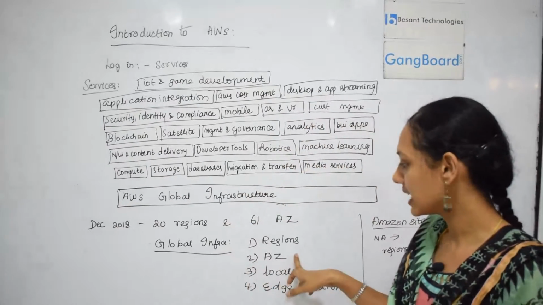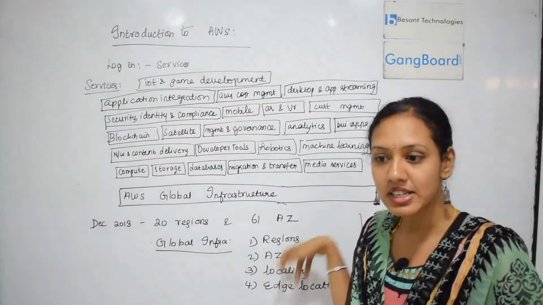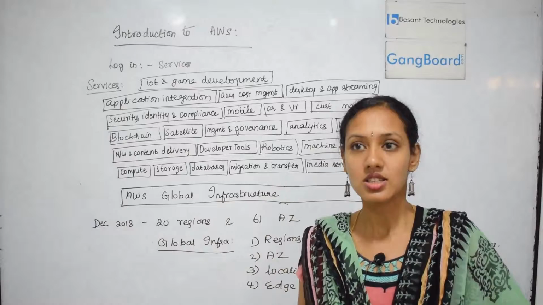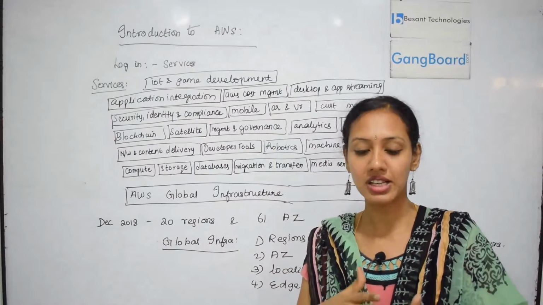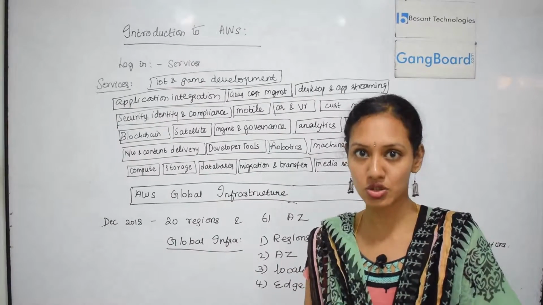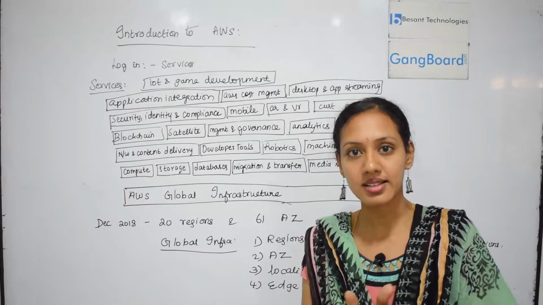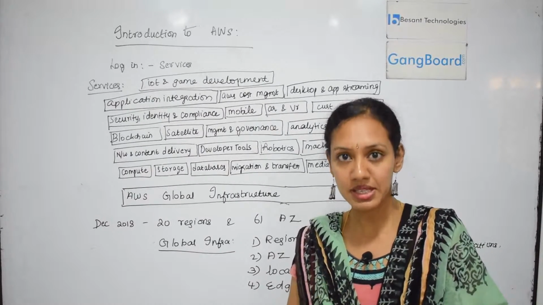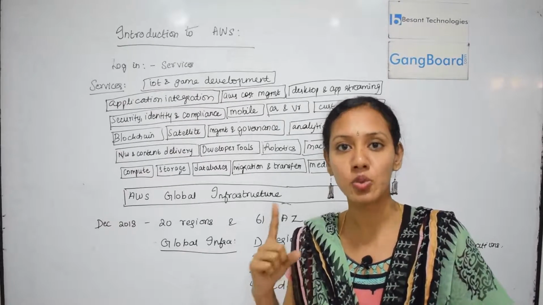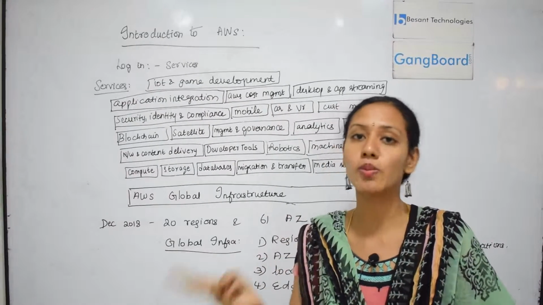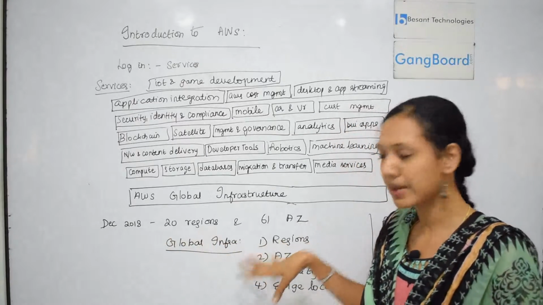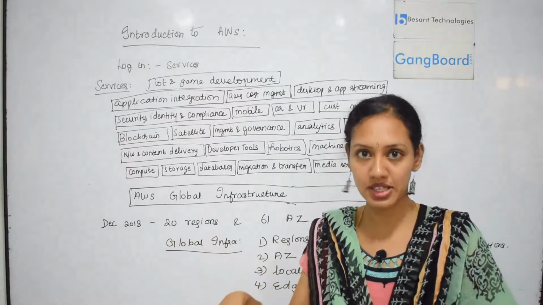Next comes the availability zone. Just think of an availability zone as a data center. If the data centers are really close to each other, they can be considered a single availability zone. So an availability zone can be made up of one single data center or more than one data center. Within a region, we will have many availability zones.